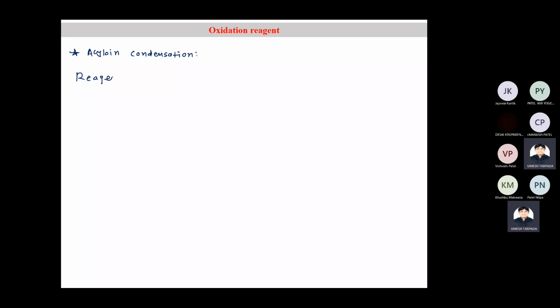The reagent used is HgO in the presence of acidic condition, H2SO4. Sometimes HgO is not given, but it gives Hg2+. So both are the same. You can write HgO or you can write Hg2+.